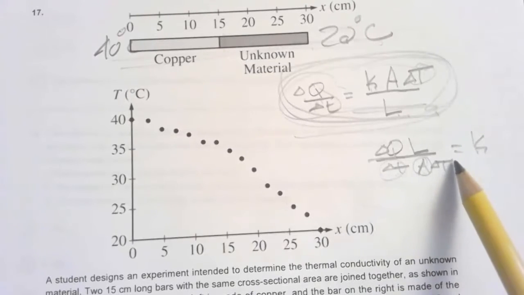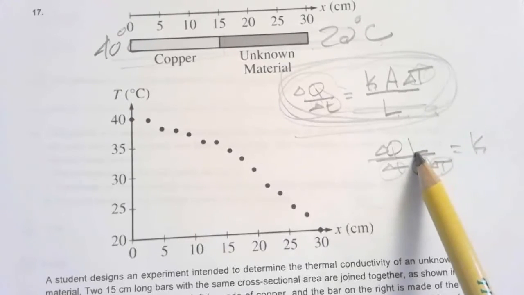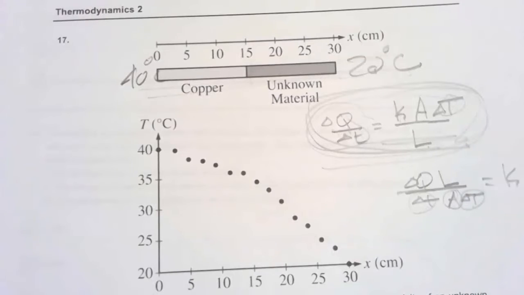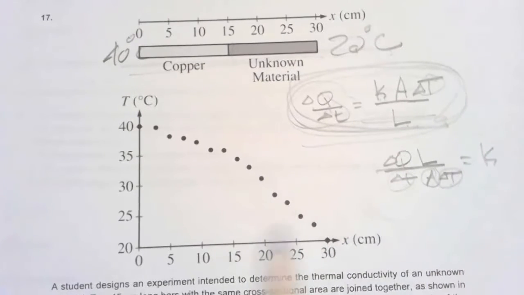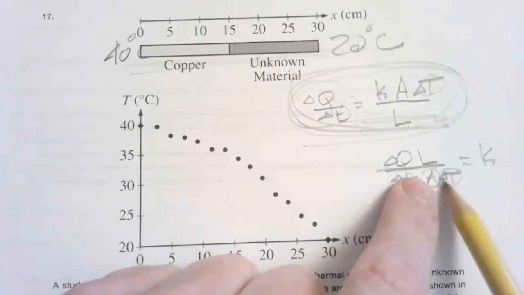Time would be the same for both of them. Change in temperature is the same on either end. Well, let's see. I got a couple options. Maybe delta T isn't the same.